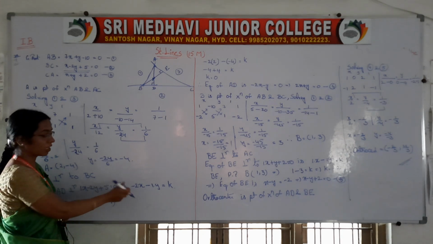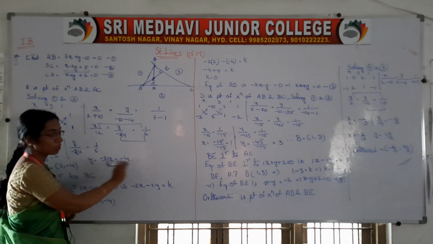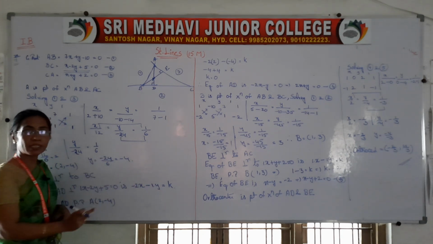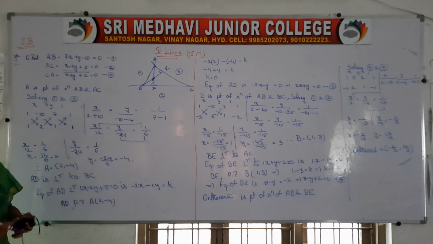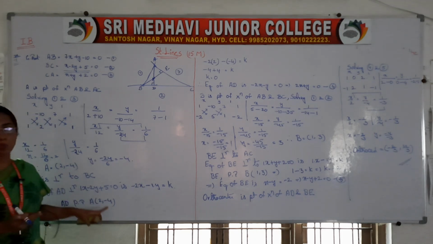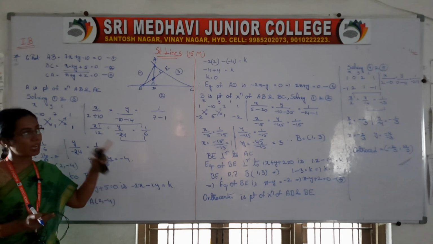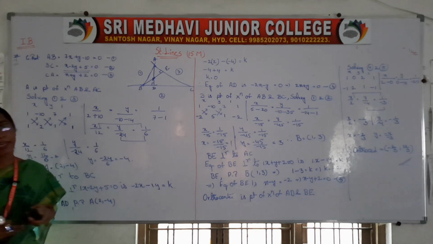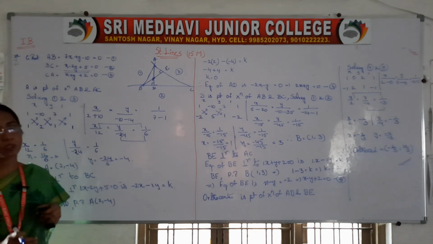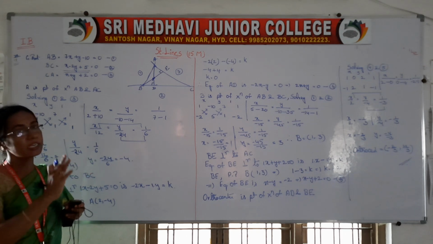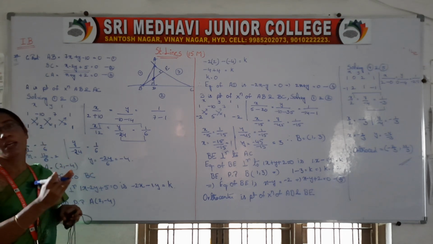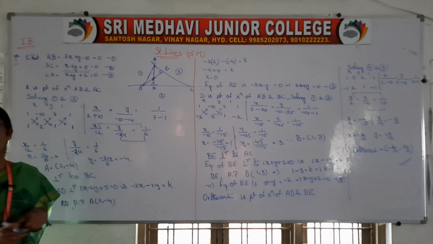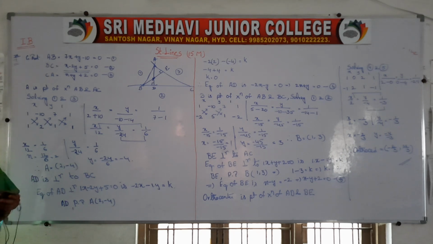Y coefficient comes to x, x coefficient goes to y, in the middle minus sign, is equal to k we have to take. Then substitute, you will get your k value. With that you will get your AD as well as BE, same procedure. Once you got AD and BE, find out their point of intersection by using cross multiplication method only.